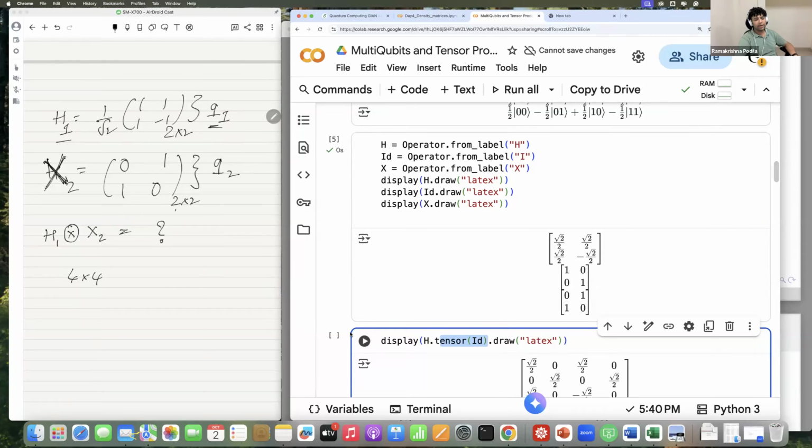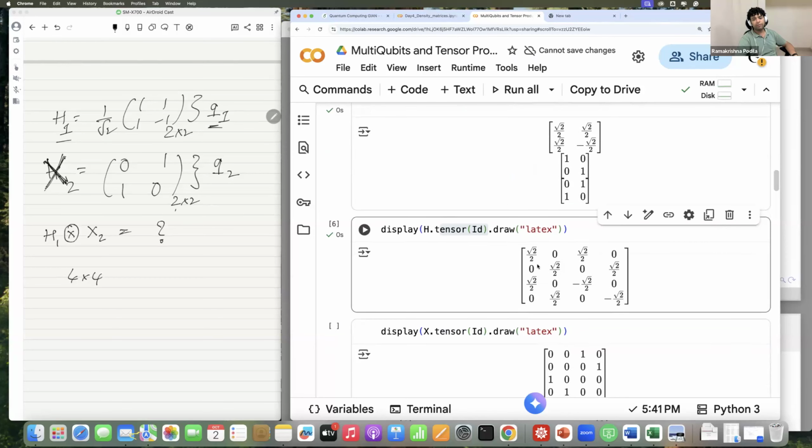Then you see you got a 4 by 4 matrix. Essentially I am picking this and putting it in each and every place. There are 4 elements, but for each element I now get a 2 by 2 matrix. Are you with me?